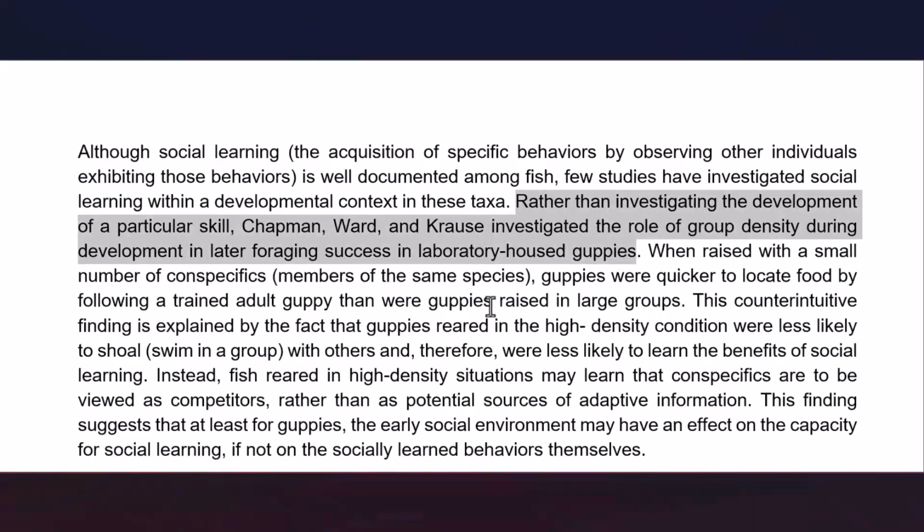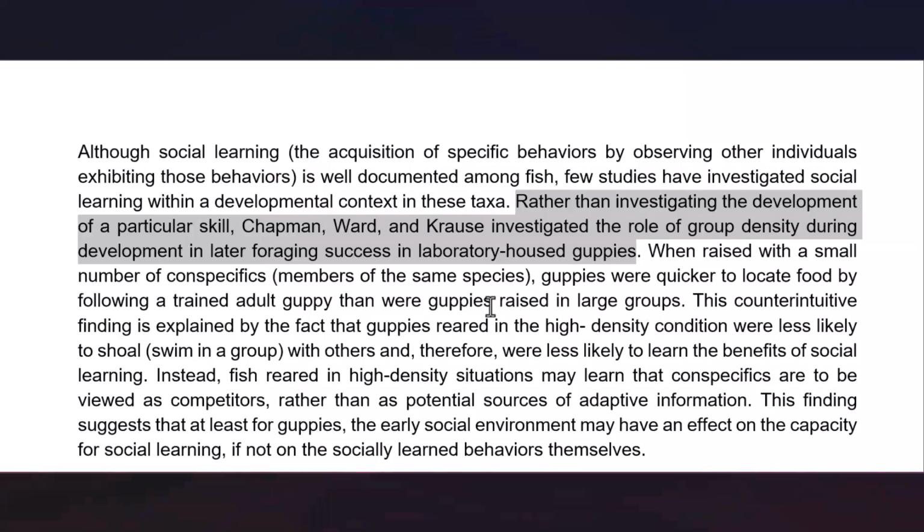This sentence suggests that the researchers shifted their focus from studying a particular skill, perhaps a social skill, to the role of group density during development in later foraging success in laboratory-housed guppies.